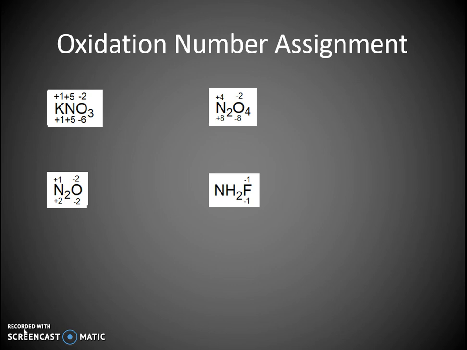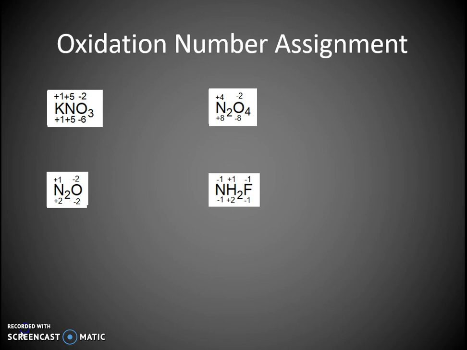Again, hydrogen here with all nonmetals, so it's always going to make a +1 charge, because it's going to lose, whether it's bonded to nitrogen or fluorine, it's going to give up its electron in that battle. I have two hydrogens, so therefore I get a +2 overall. So now I have a +2 from the hydrogens, a -1 from the fluorine. It has to add up to 0, so I'm getting a -1 from nitrogen. And so therefore, with only one of them, I have a -1 charge for my nitrogen.